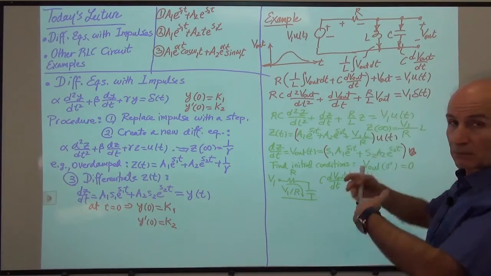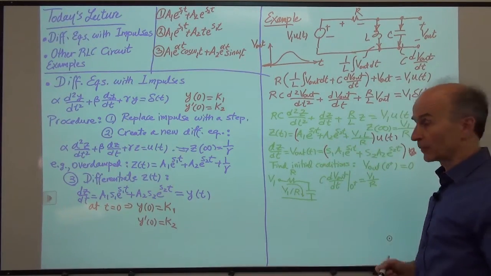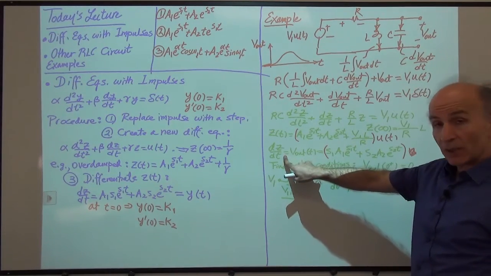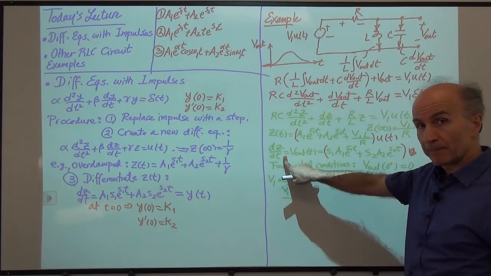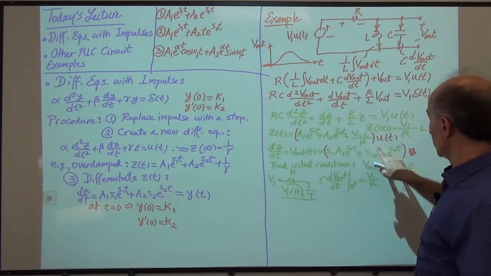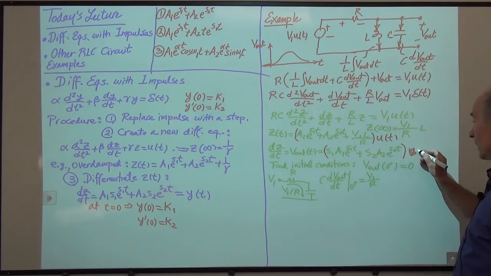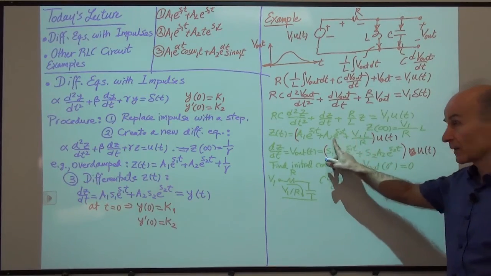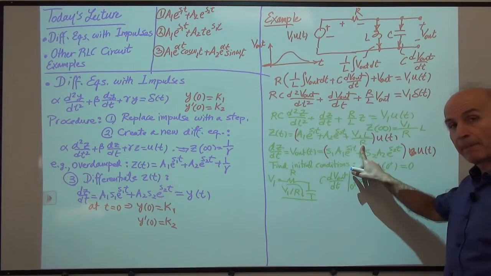It does generate an output. Okay, so now when I differentiate with respect to time, something interesting is happening. I get the derivative of this times u of t, so that's what I found here. We're good with that. But then we also have the derivative of this times this whole thing.